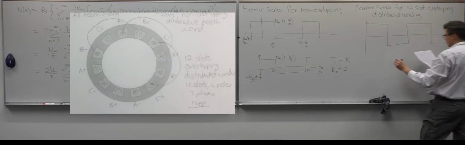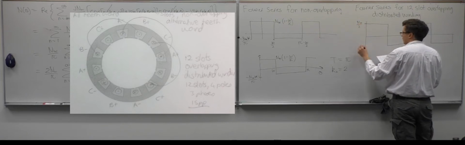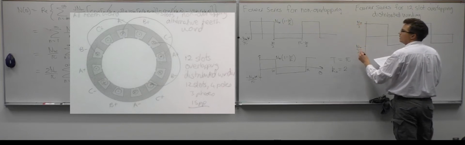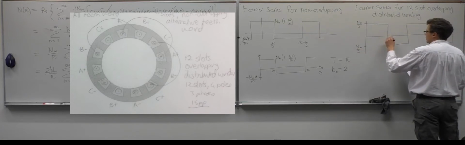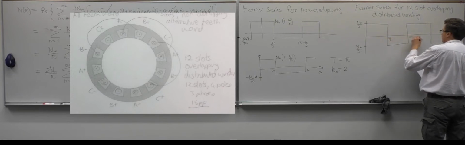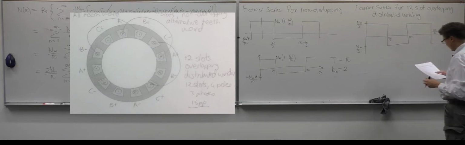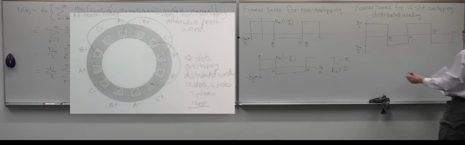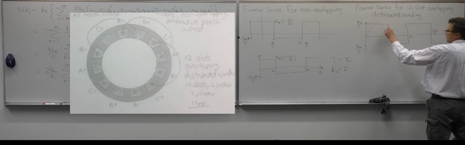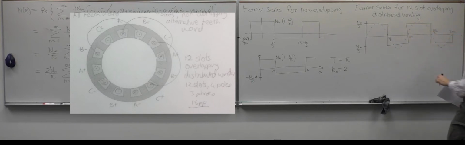Again, we did this. So we have this winding function where this would be pi over 2, pi, 3 pi over 2, 2 pi. And you can clearly see that this more clearly can create a sine wave.